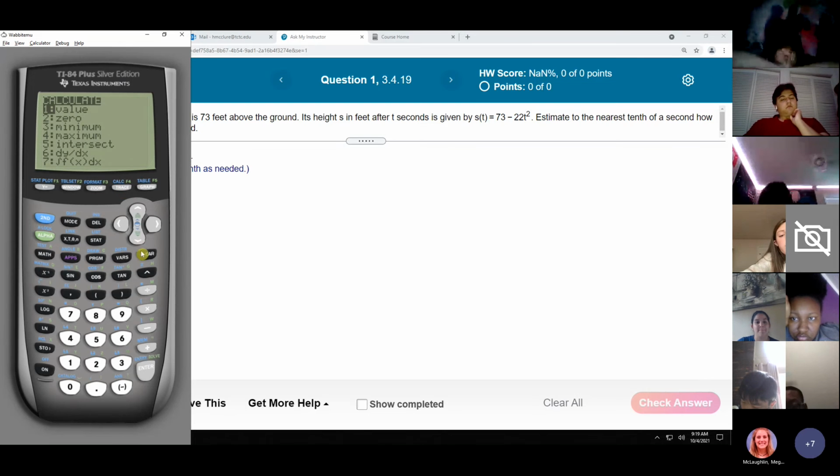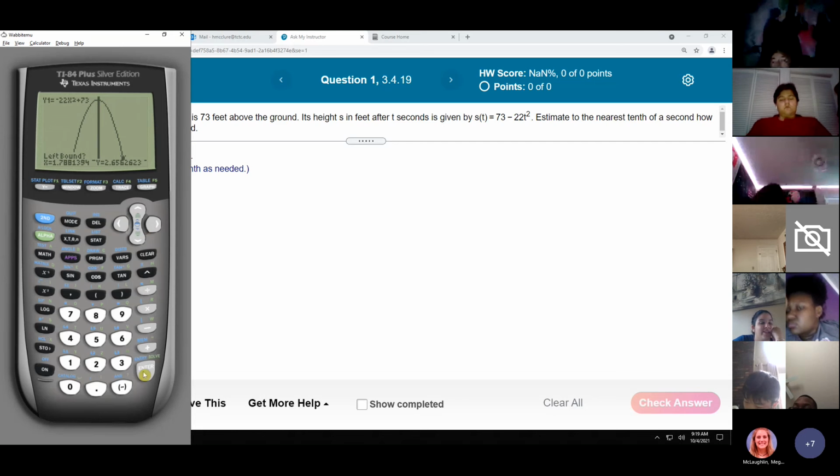Let's go to X-Intercept, which is called the zero. And left bound is going to be right above the x-axis. And right is going to be right below the x-axis. And a guess is right in there.